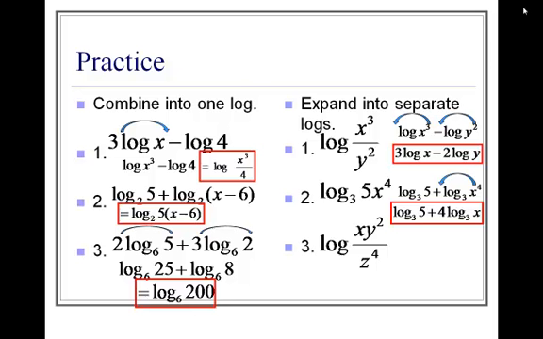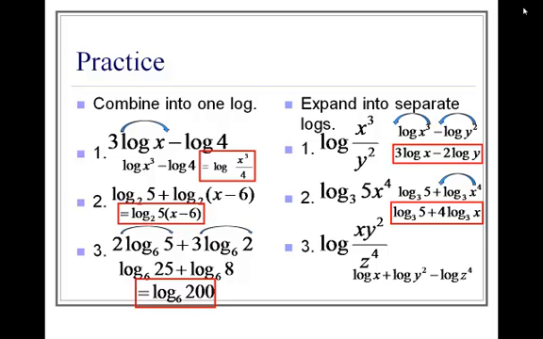Alright, for the last one, we have multiplication going on between the x and the y, and then we have division going on with the z. So we're going to separate 3 different parts, an x part, a y part, and a z part. With x and y, they're going to be separated by a plus sign because that's multiplication, and then z is going to be separated by a subtraction sign because it's division.